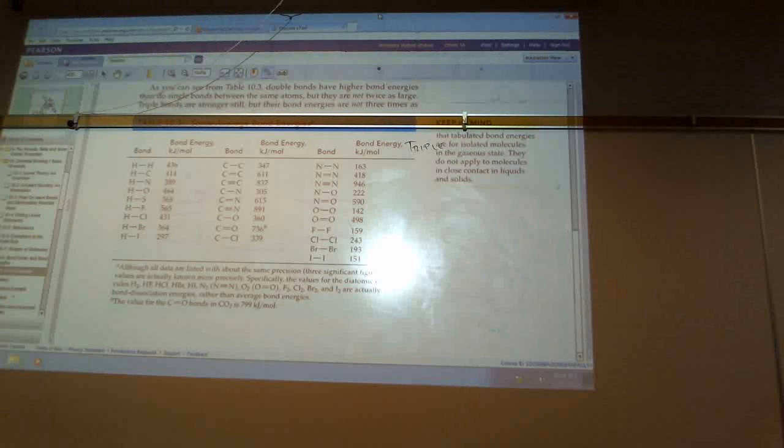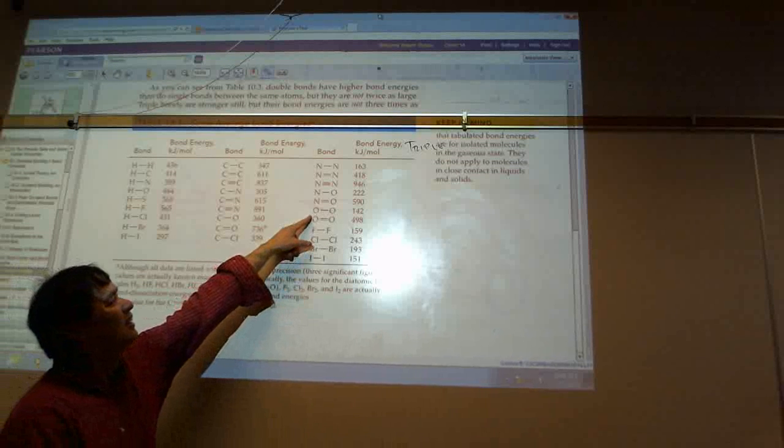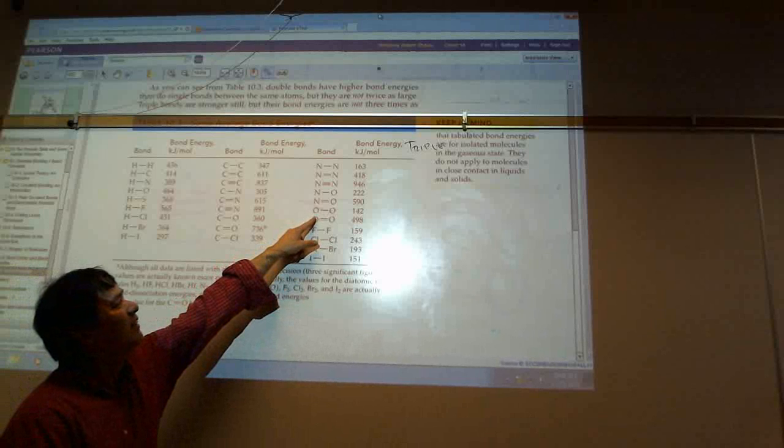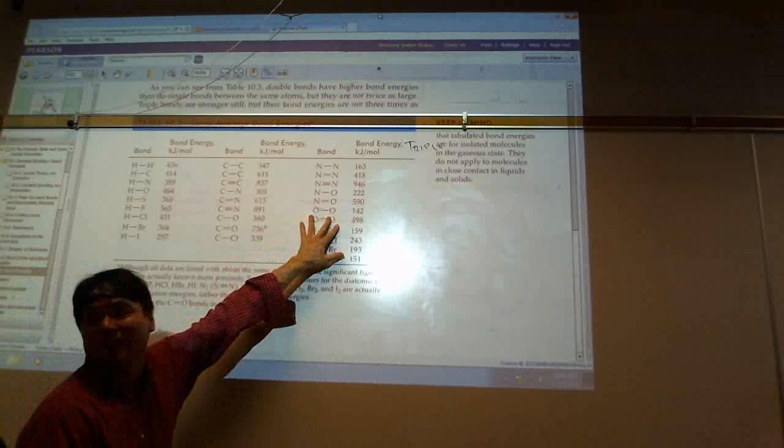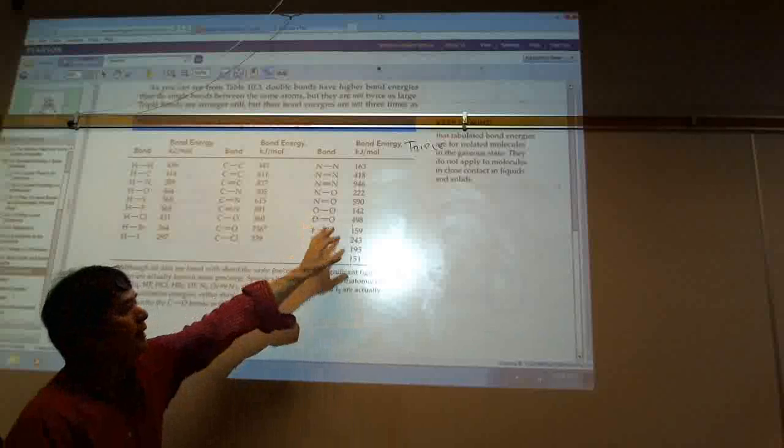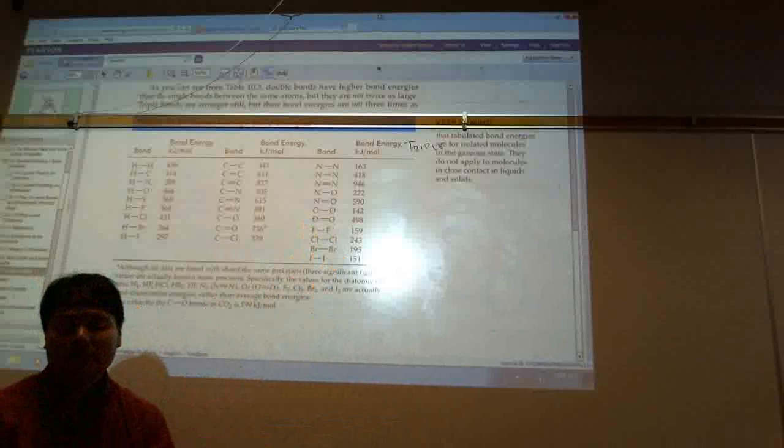But usually when you see stuff like this, sometimes size plays a role in it. So, for example, oxygen single bonds like this have unusual characteristics.